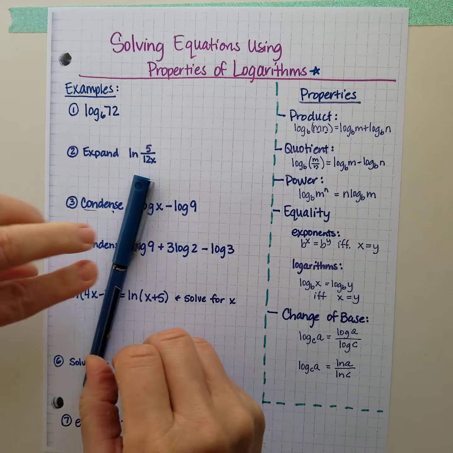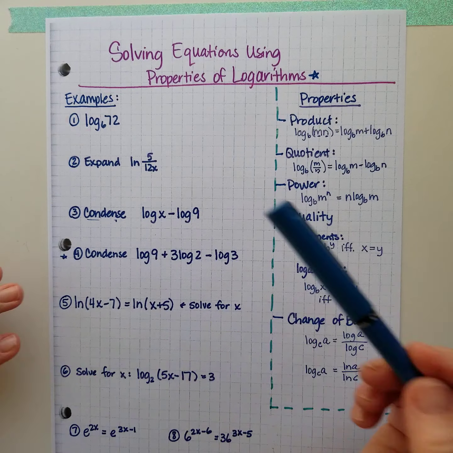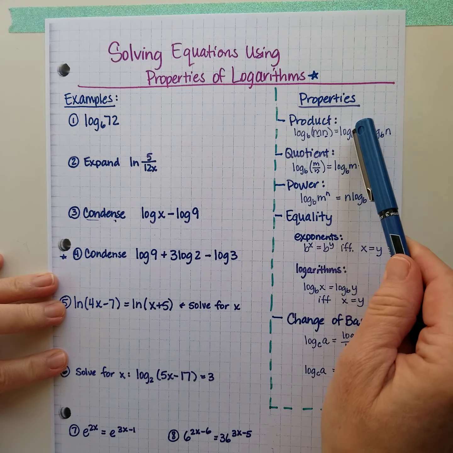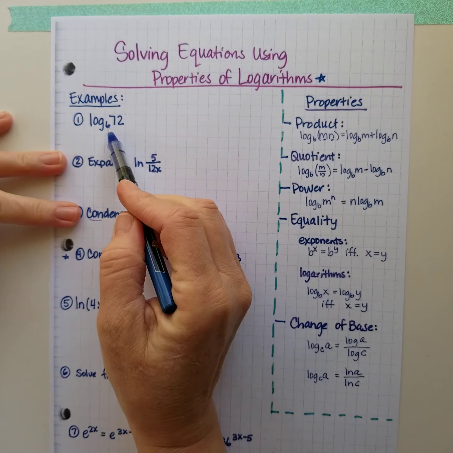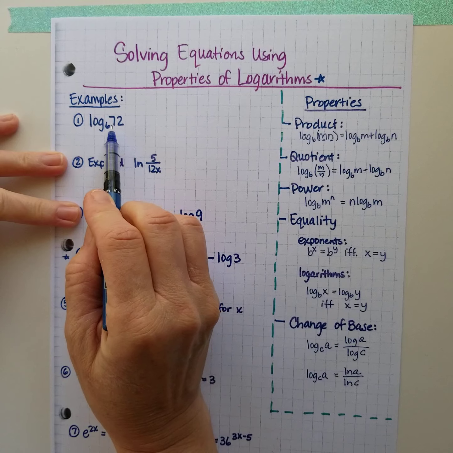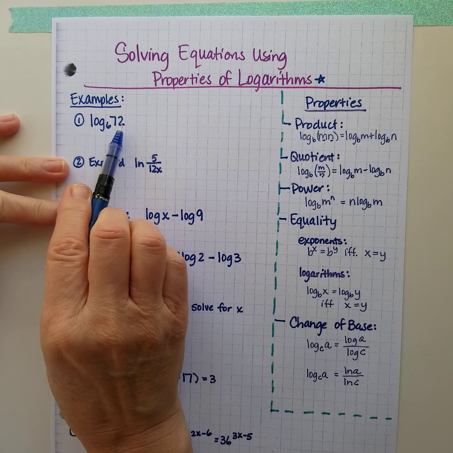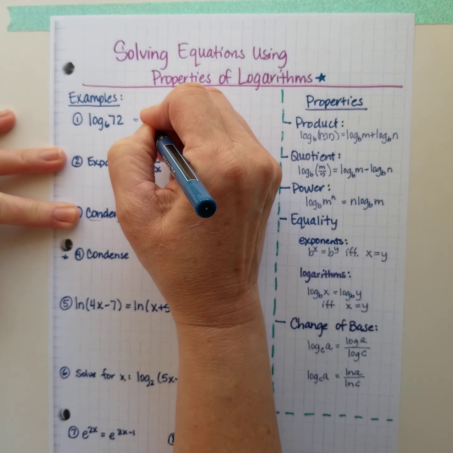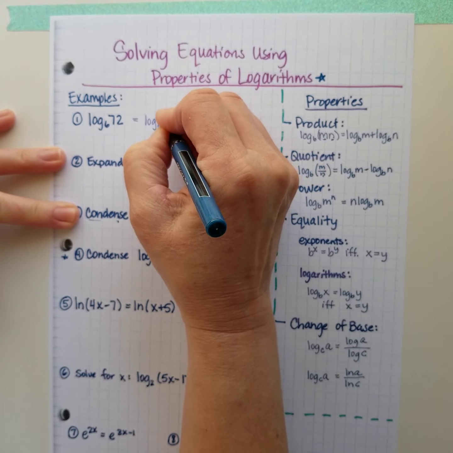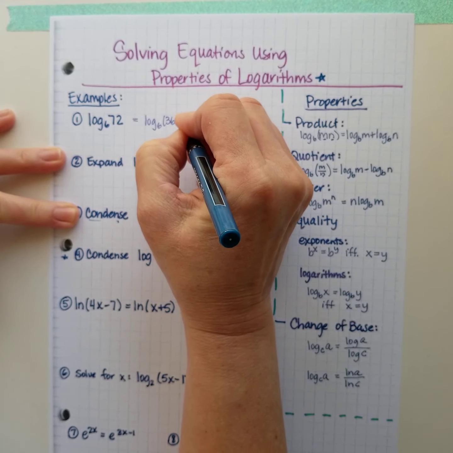Here we go. So log base 6 of 72. I'm going to use just the product property. We're going to break up this logarithm of 72, because I know that 72 is 36 times 2. So I'm going to rewrite this as log base 6 of 36 times 2.